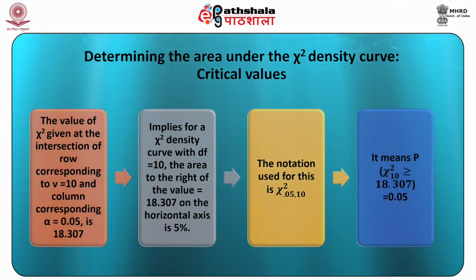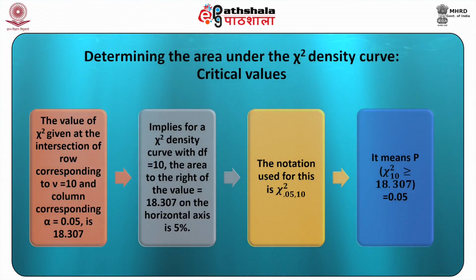The first column in the table gives degrees of freedom, or df, for all its values starting from 1 up to 40. The first row gives 10 specified areas of alpha covered to the right side of the density curve.